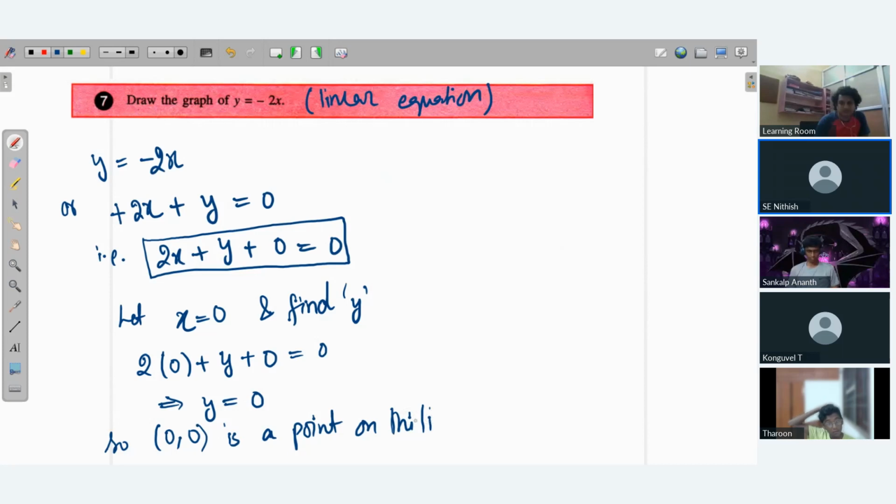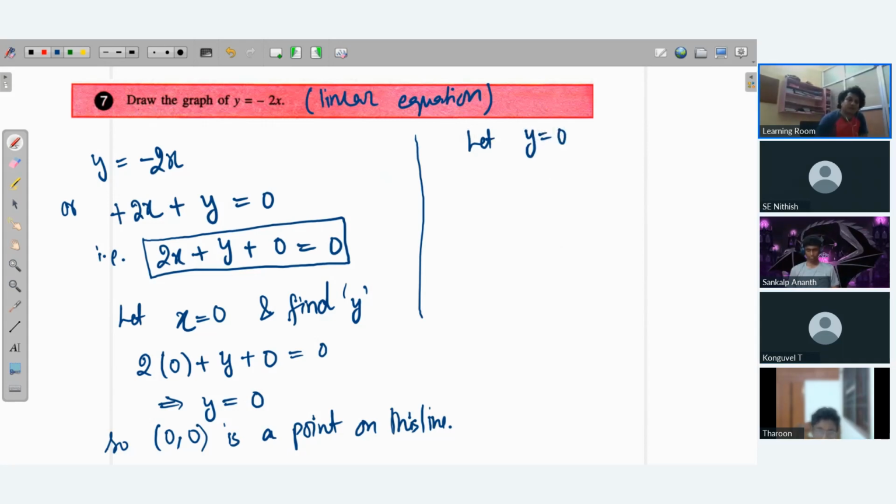Okay. Now let y equal to 0. It will be the same. Taking y equal to 0 and finding x, it will be again 0 and 0. So in any case I don't get a second point. So I take now y equal to 2.